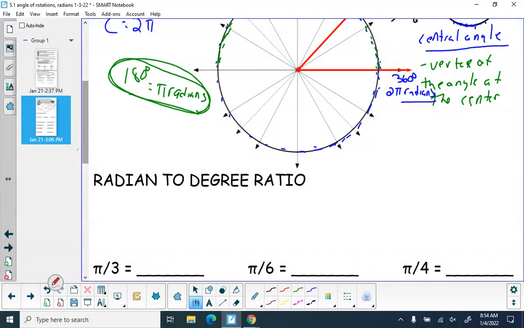A ratio or a proportion that we can utilize to convert degrees to radians and radians to degrees. First off, when we're dealing with degrees and radians, we are now going to use letter variables.